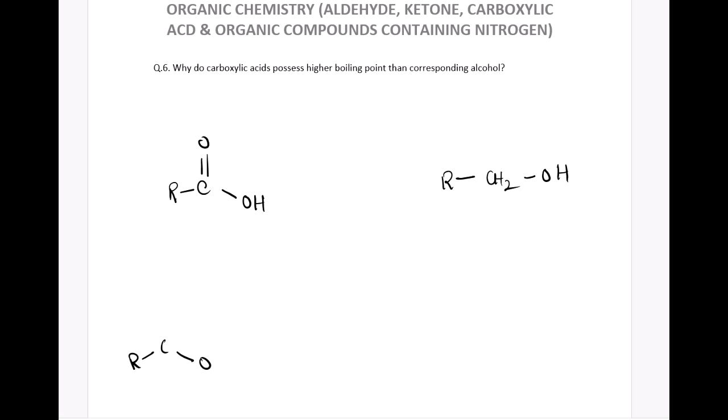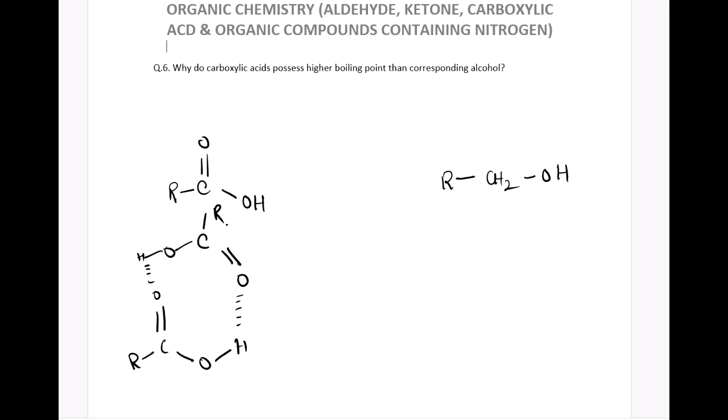But if we go for the acid particularly, we have this OH, and this can make a hydrogen bond with the double bonded O present in another acid group, and here also another double bonded O is present and another hydrogen, and it can form like this.